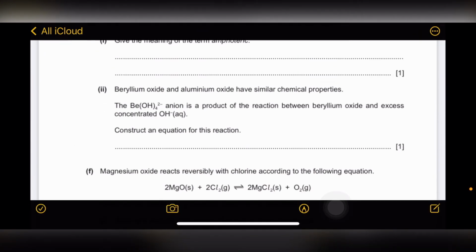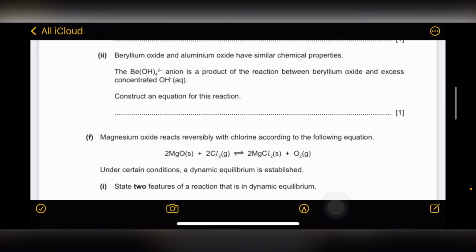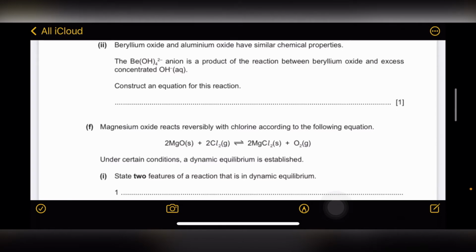It says beryllium oxide and aluminum oxide have similar chemical properties. The Be(OH)4 2- ion is a product of the reaction between... Alright, now we have to construct an equation.